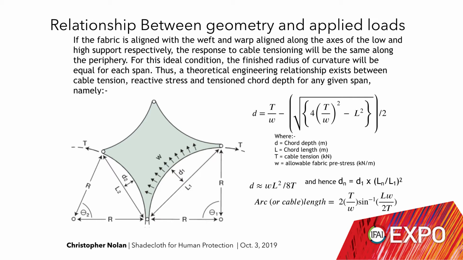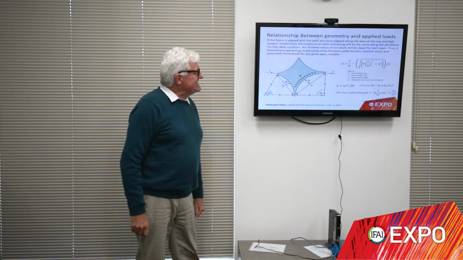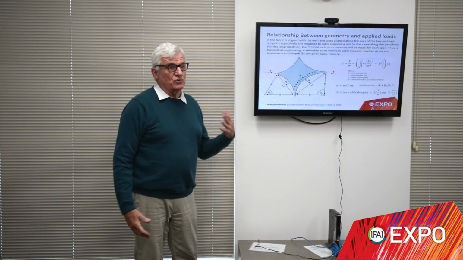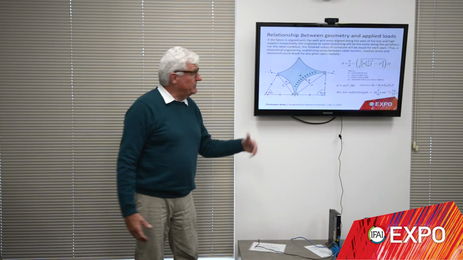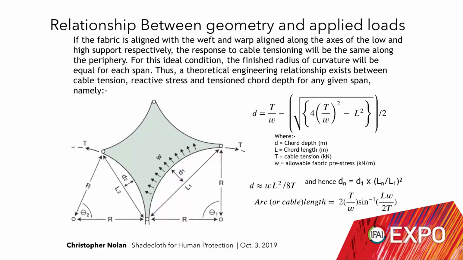First is that the maximum stress is due to wind load, and that generally occurs in a high-pass structure along the axis of the low points. And it makes sense then to align the fabric in the strongest direction, which is the weft direction, like that. So the fabric is aligned along the axis of the low points, so that the weft is aligned in this direction and the warp is aligned in that direction.